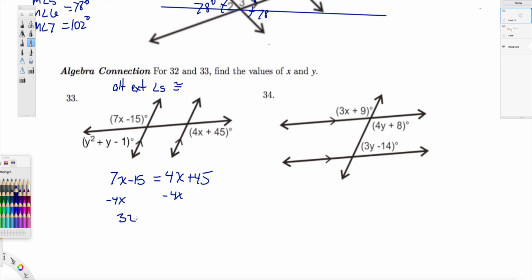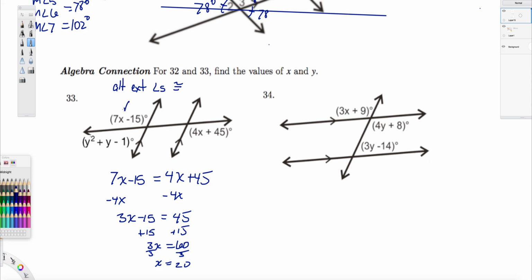Subtract and add 15. 3x equals 60. Divide by 3. X equals 20.